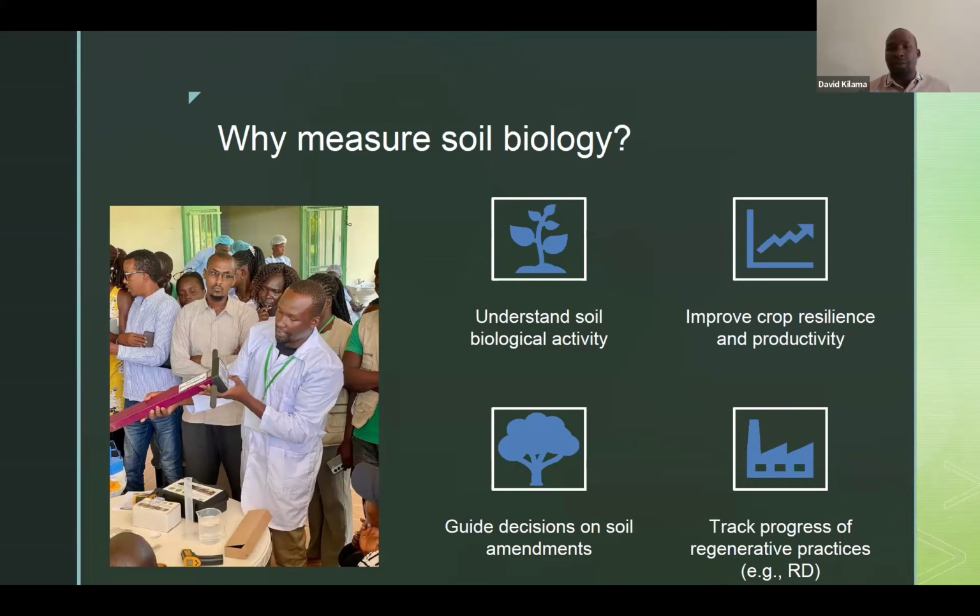It's also one of the most useful tracking tools. If we measure soil biology, it helps us know how we are progressing in regeneration processes. For example, if you're an R&D practitioner, measuring soil biology is one way you can track how your program is progressing and how you are doing with your practices within the soil.